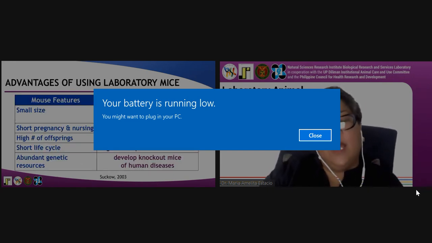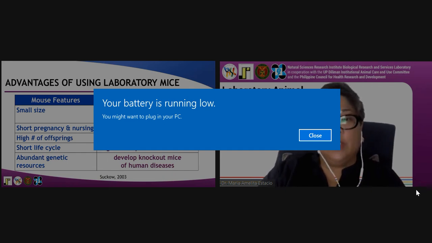Now, the reason why laboratory mice are very popular and very advantageous to use is because the resources to maintain them are quite minimal or of less cost compared to the other animals. So in terms of your operating expense to maintain a colony or a group of animals, it's easier.